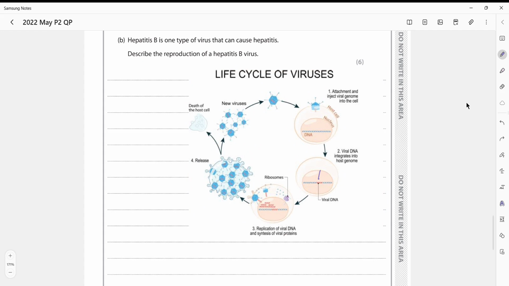So you can see here this virus has attached itself to the host cell, and then it would inject its genetic material. So here it could be DNA coming inside to the host cell. And that DNA can be incorporated into the genome of the host cell. And once that happens, you can have protein synthesis that occurs, and it would use the viral DNA that is inside to create more viral particles.